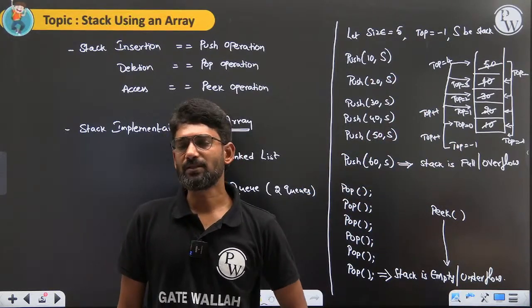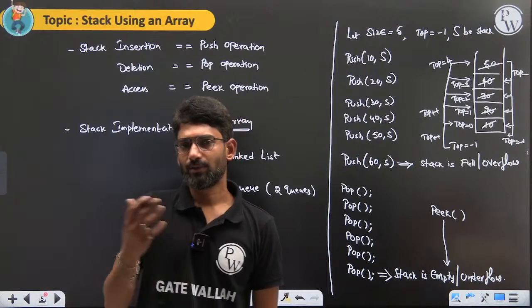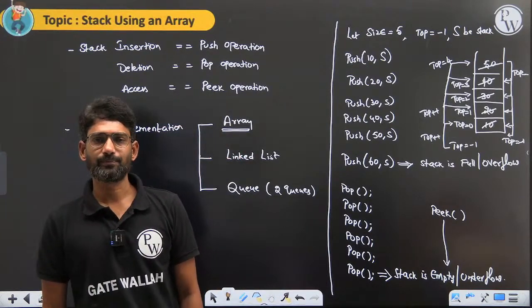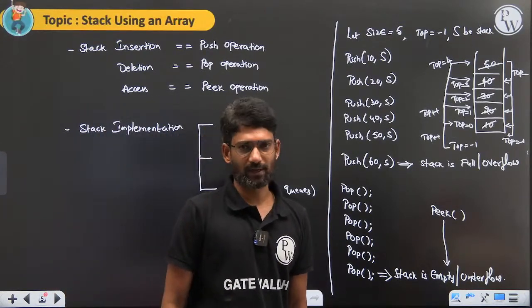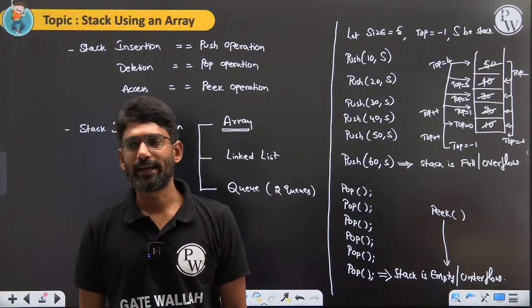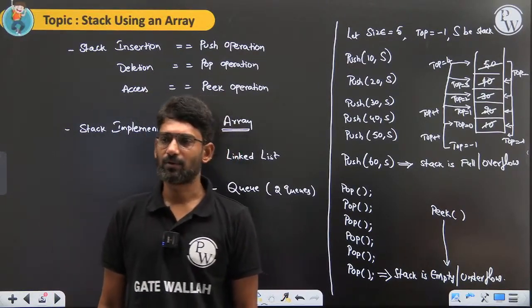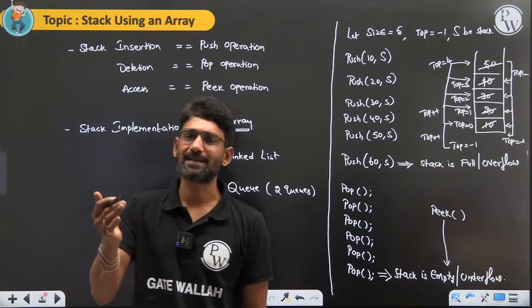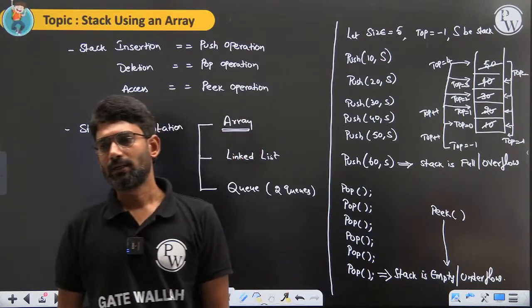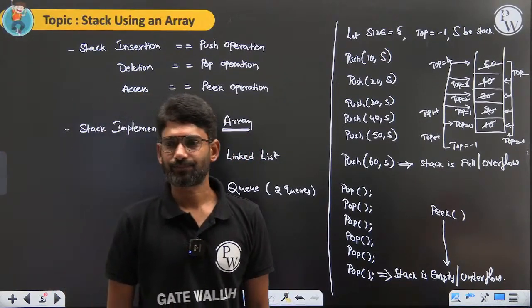But pop means you are deleting, means you will be changing the top after the pop operation. But during the peek operation, top will not change. Top will be there only, you just access what is on the top of the stack.